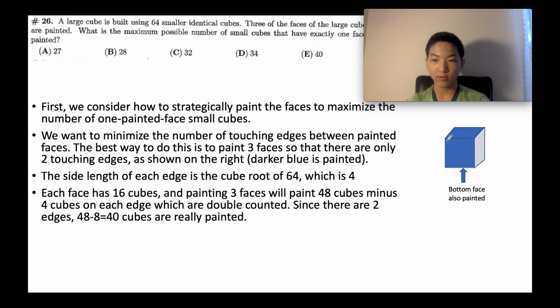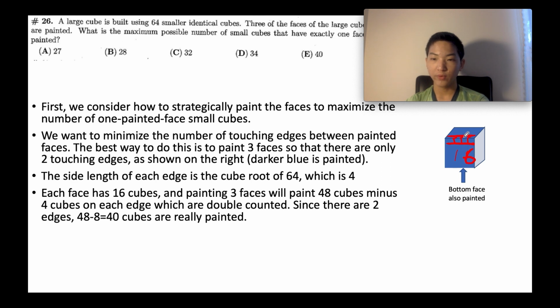In case you aren't sure what that means, keep in mind that we have 4 cubes here, right? When we paint these over, we're really painting the same cube. So we're painting 16 unique cubes on this face.